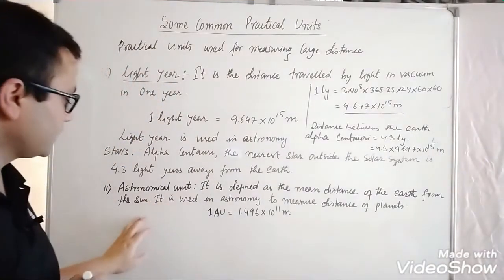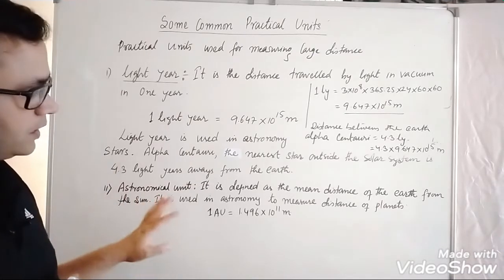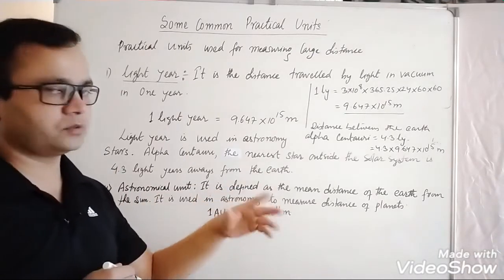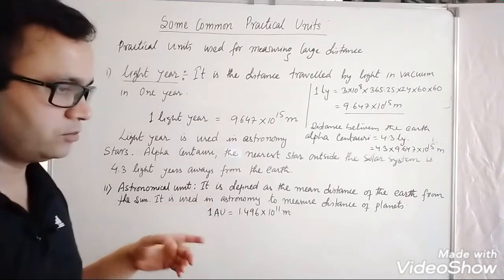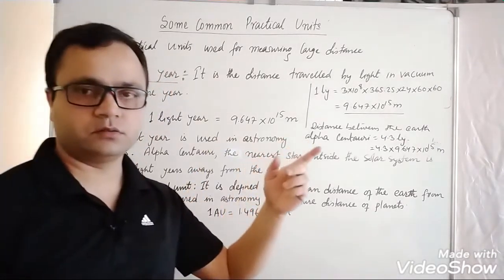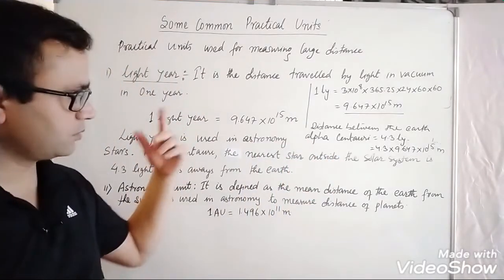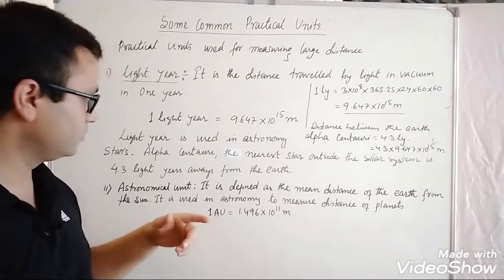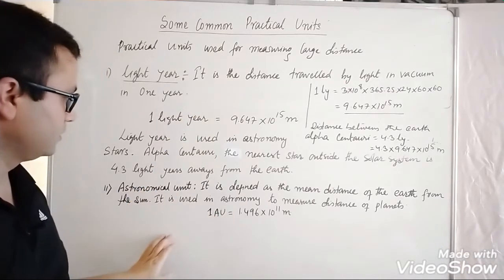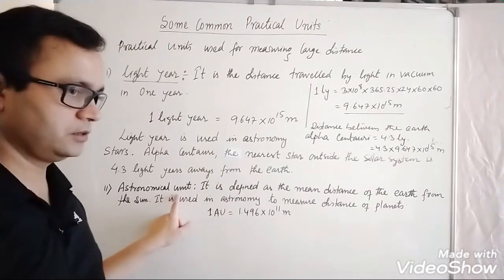And the last one is astronomical units. So an astronomical unit is defined as the mean distance of the Earth from the Sun. The distance from the Sun to Earth, that is, the distance from the Sun to any other planet, is measured by astronomical units.